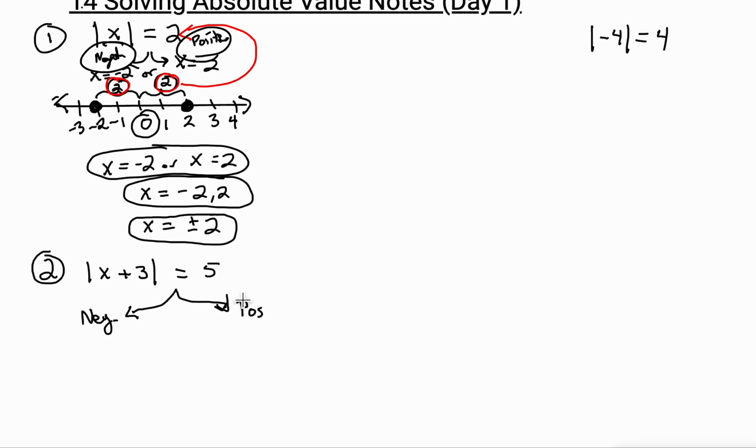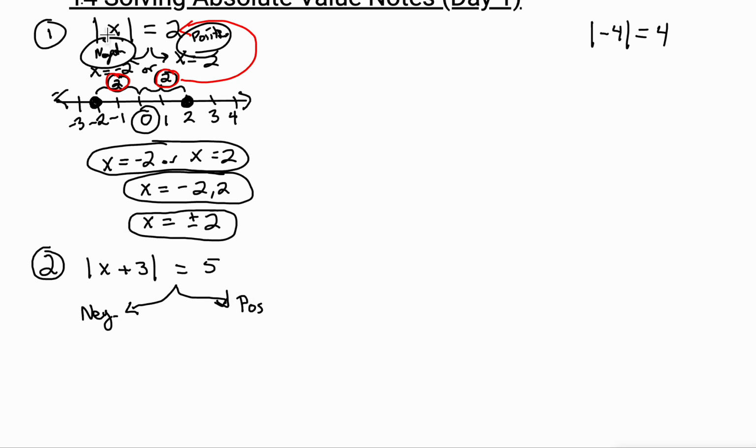Now, if you notice up here, this absolute value of x was on the left-hand side, and what changed is the answer became a negative and a positive side. So we write x plus 3 for both of them.